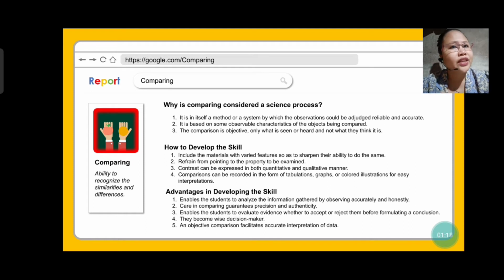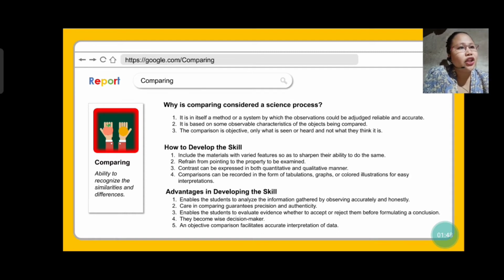First, it is in itself a method or a system by which observations can be adjudged reliable and accurate. From my example earlier, one child will describe the color of the leaves as green. Another child will describe the color of the leaves as yellow.